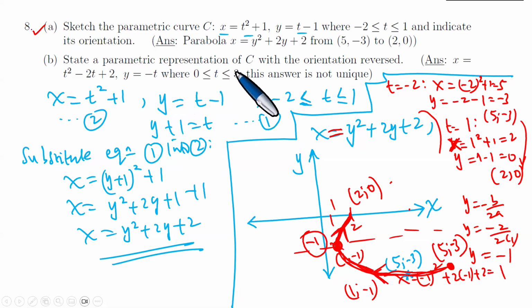State the parametric representation of C with the orientation reversed. So the orientation, you can see that it is from 5, minus 3, so it's traversed clockwise. It's traversed from 5, minus 3 to 2 and 0.